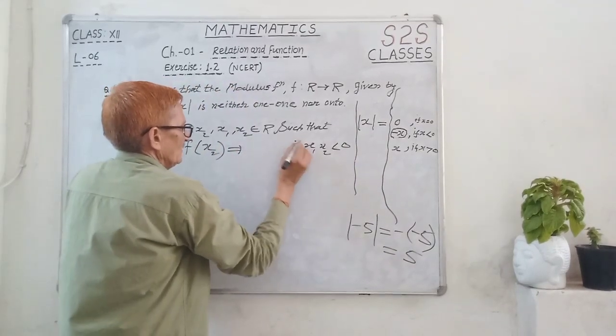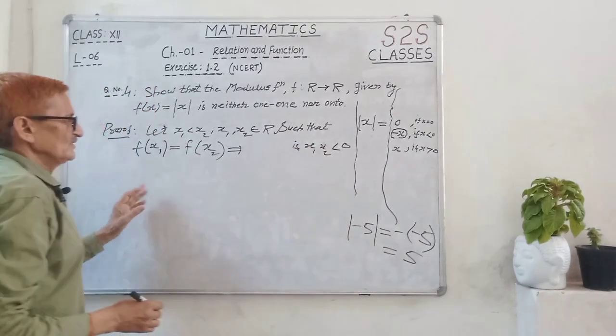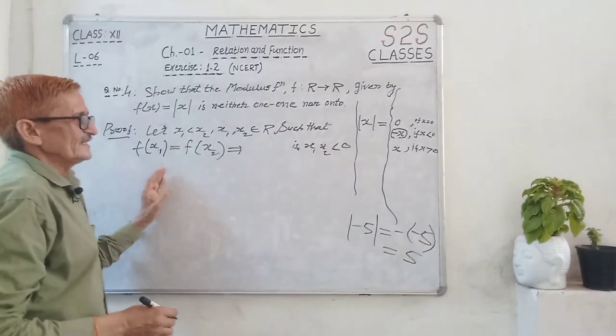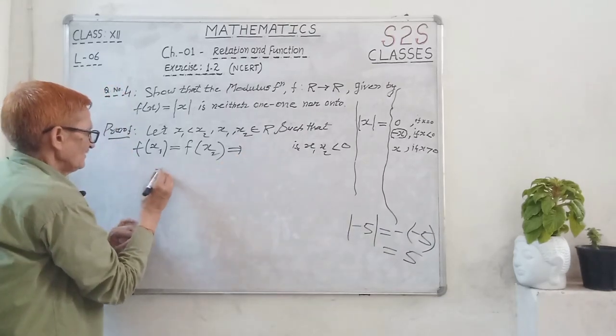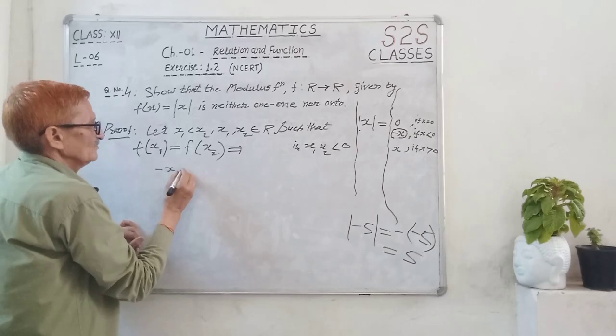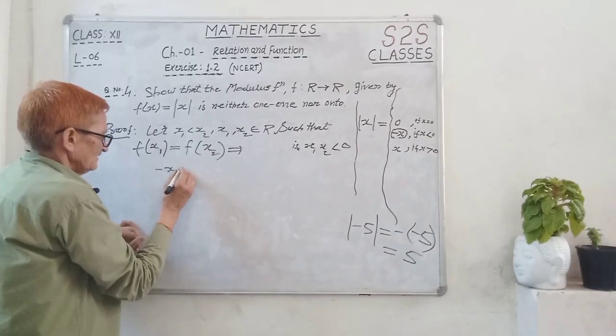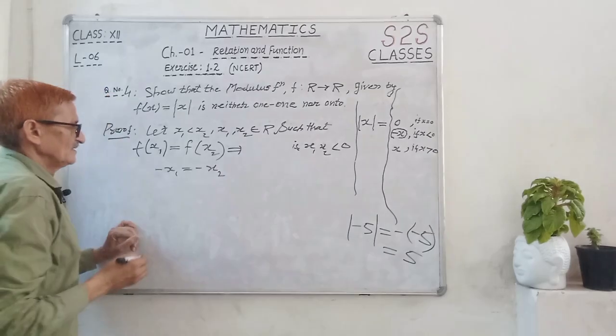Okay, in this case, if both are negative, then multiplying by the negative, minus x will come, which implies minus x1 is equal to minus x2.